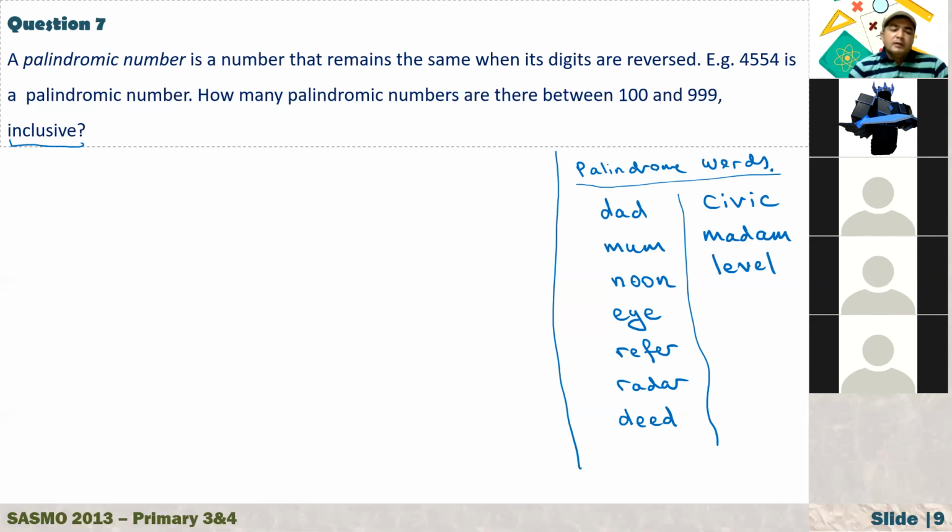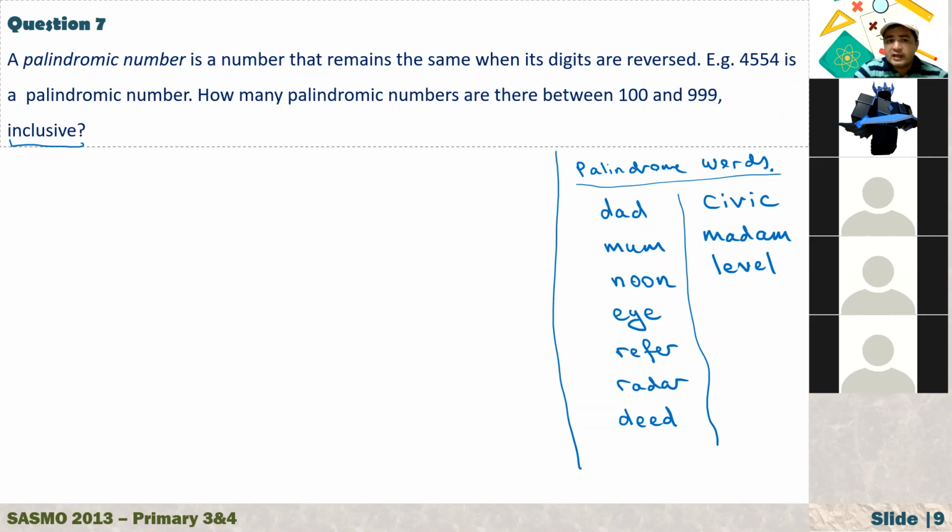Okay, now let's get back to our question. A palindromic number in math is a number that remains the same when its digits are reversed. Example, 4554. If you read this number from left to right or right to left, it's the same number. Such numbers are called palindromic numbers in math.